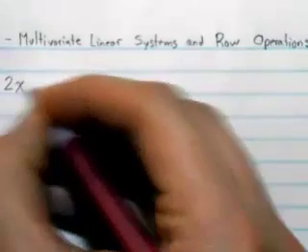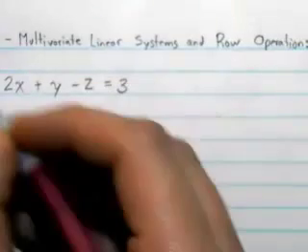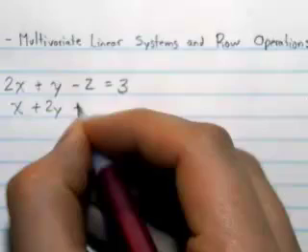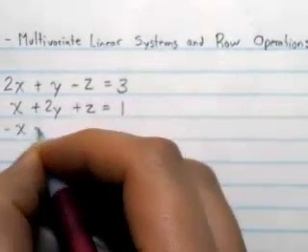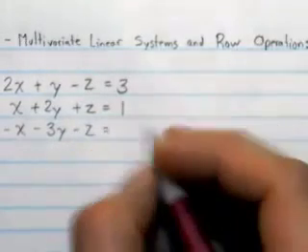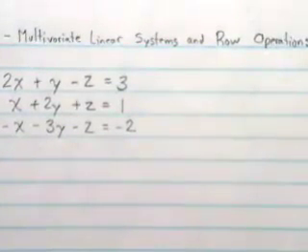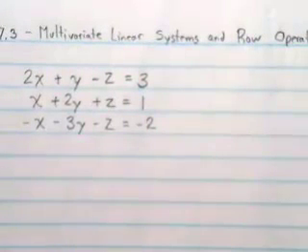So let's say I had something like 2x plus y minus z equals 3, and x plus 2y plus z equals 1, and negative x minus 3y minus z equals negative 2 or something. I'm not even sure if this system has a solution or not. I'm just using it as a means to explain some of these rules.